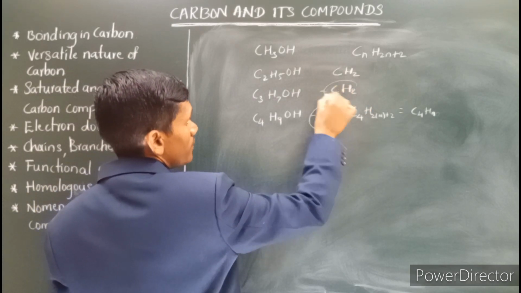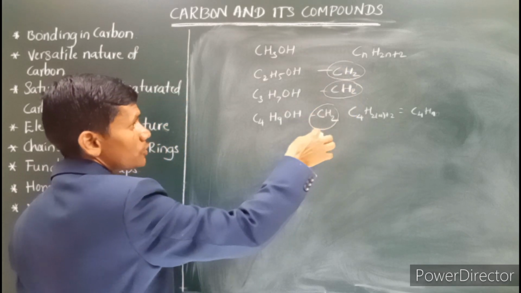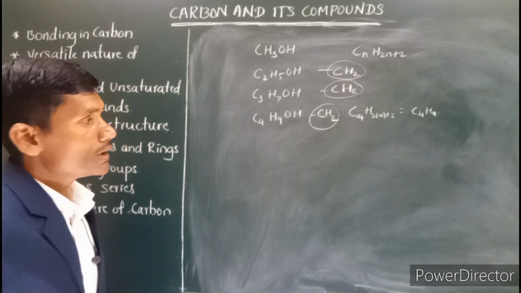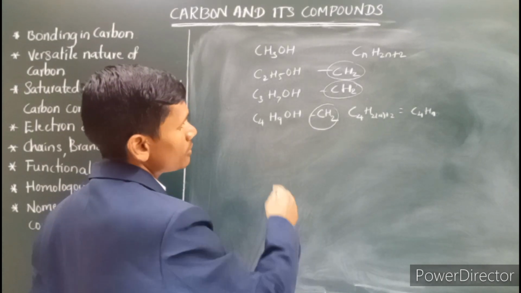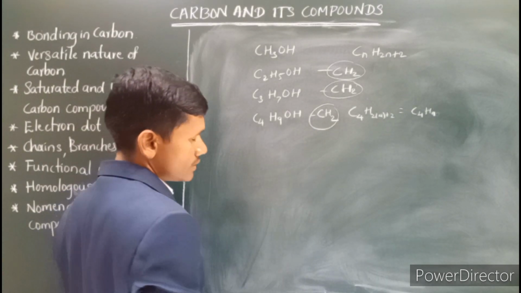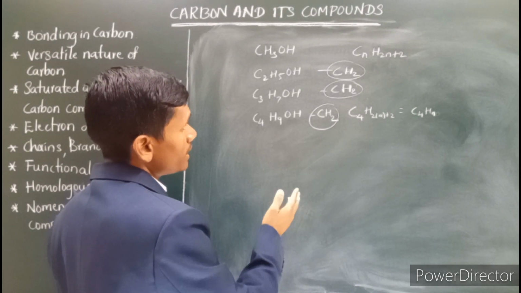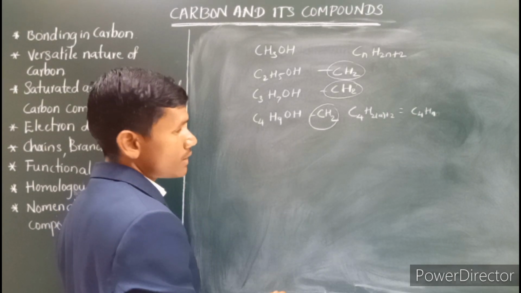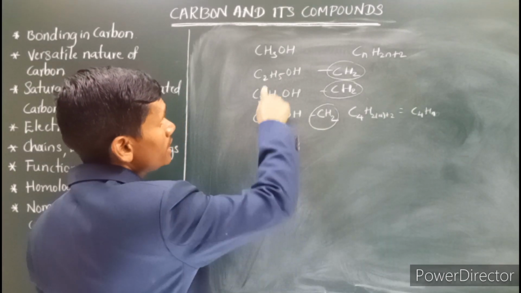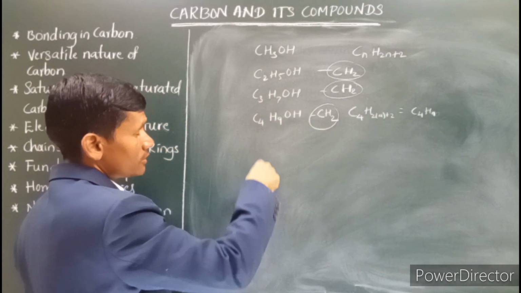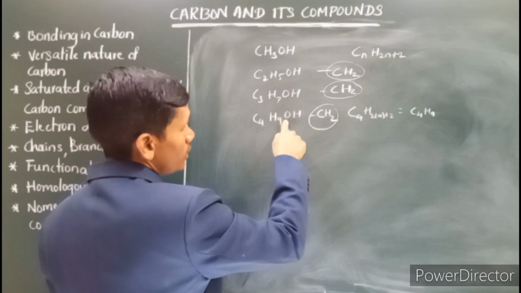Everywhere it is just having one extra CH2 group in the next higher member. Then these types of carbon compounds, which are differing by one CH2 group in each higher member, they are called what?